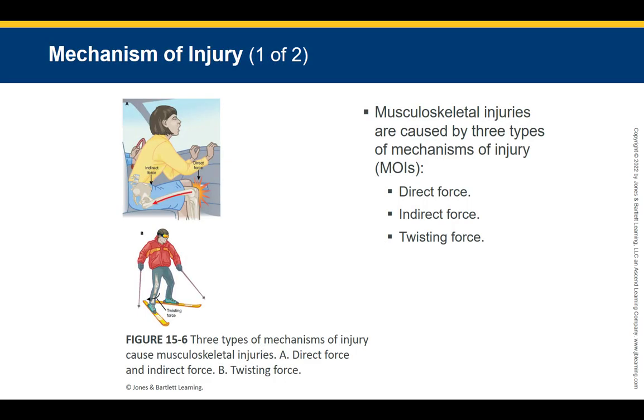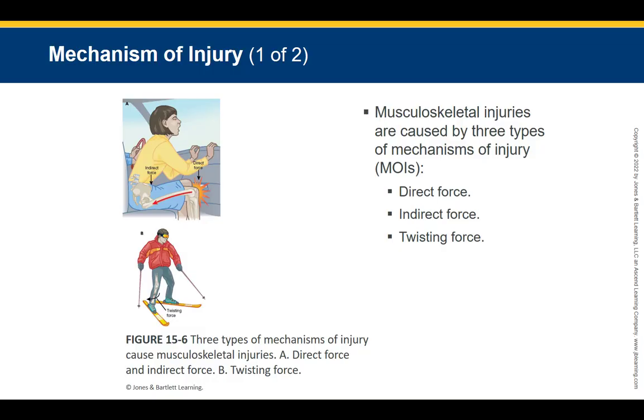Now, when we get into an accident, when we have a trauma, there is a mechanism of injury, and there are three things that cause it. I have a direct force, which means I get direct impact. You see in this picture where the knee goes directly into the dashboard, that's direct force.